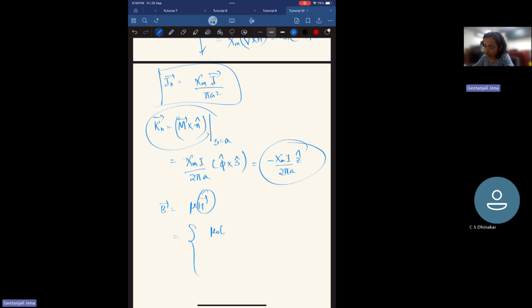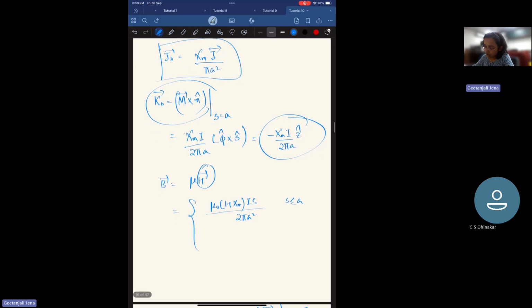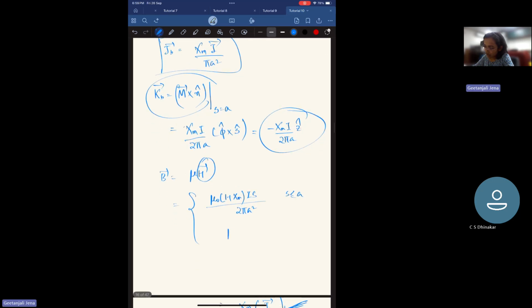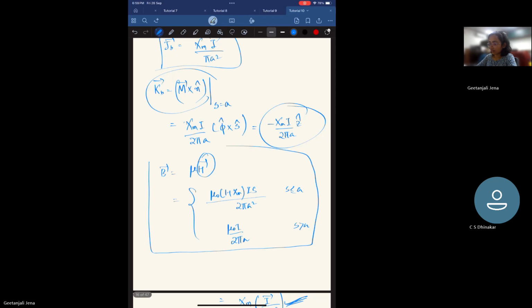This will be mu naught, mu is mu naught 1 plus chi m, I by 2 pi a square for s less than a. And it is mu naught I by 2 pi a for s greater than a. Is it clear?